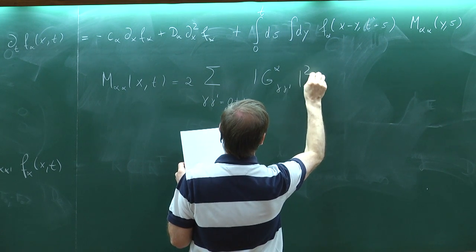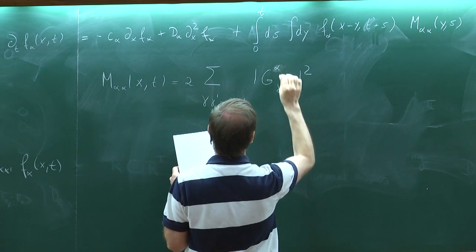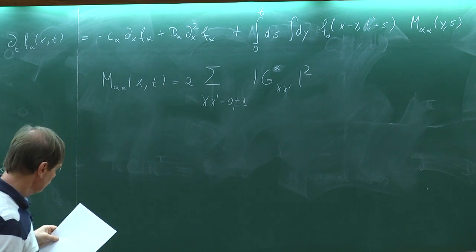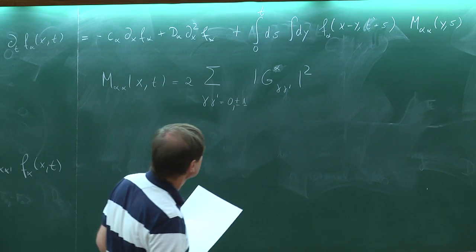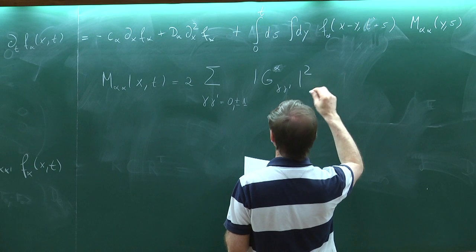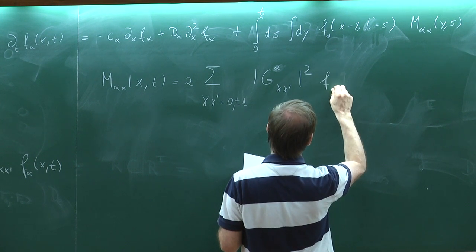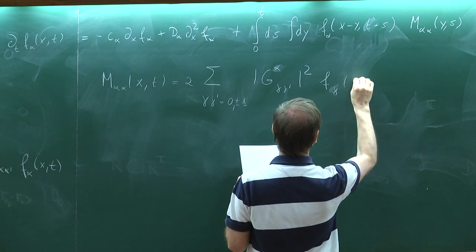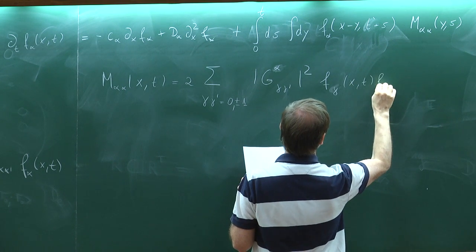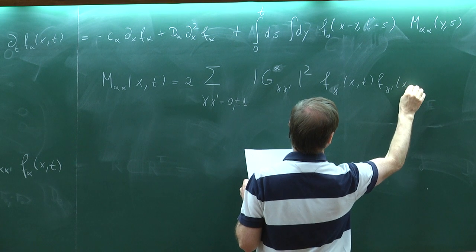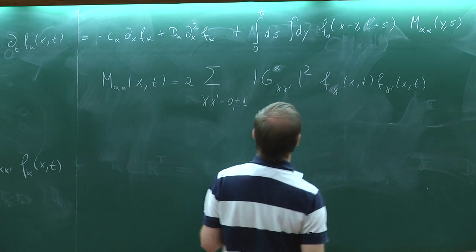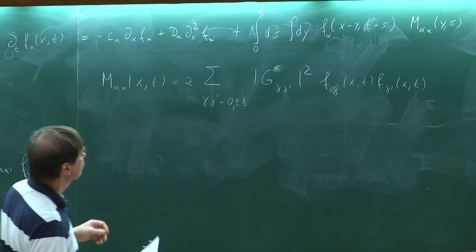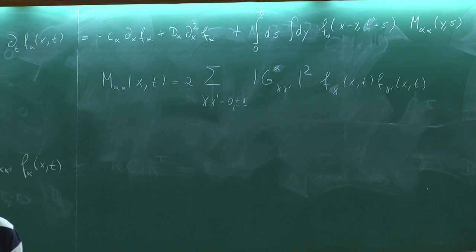Because we do second order, they come in quadratic. And then it's just quadratic in the two fields, or in these two scaling functions, if you want. So f gamma of x and t, and f gamma prime of x and t. So this is the mode coupling, right?